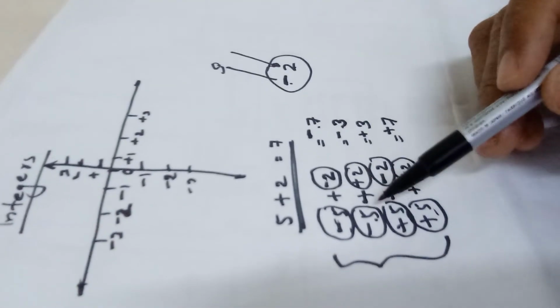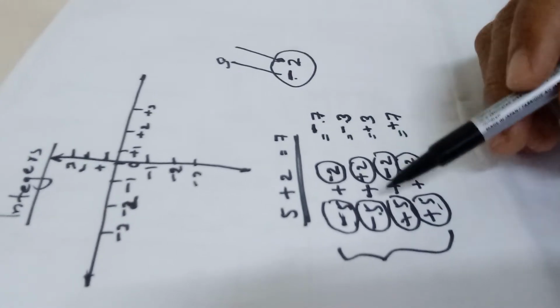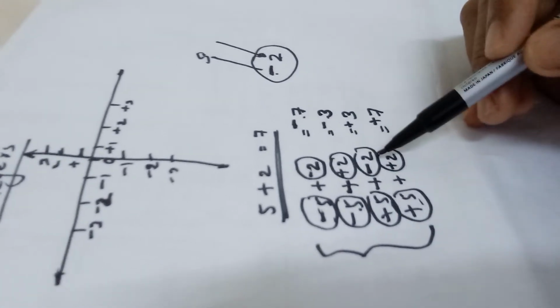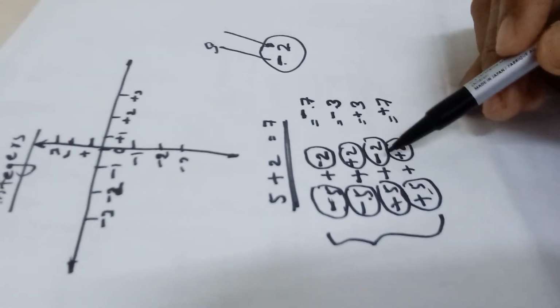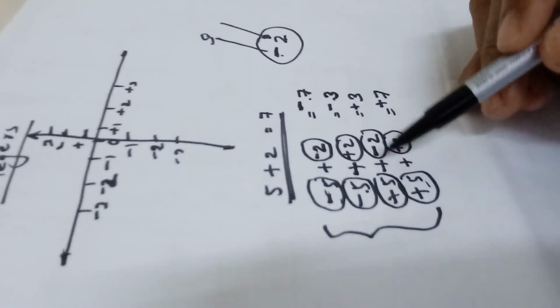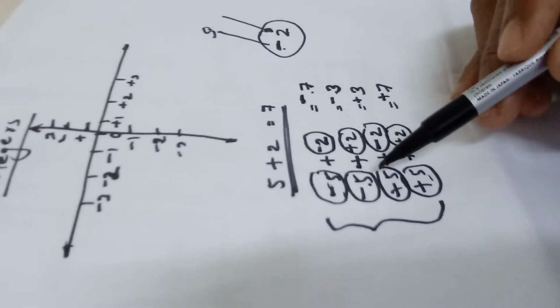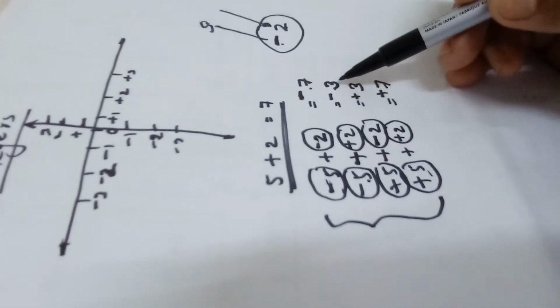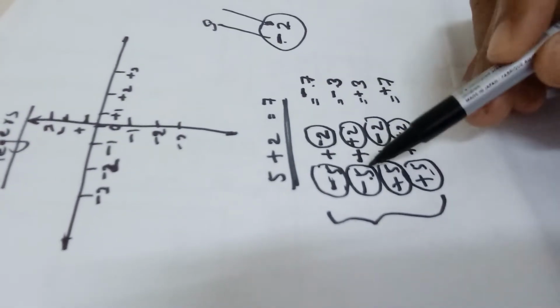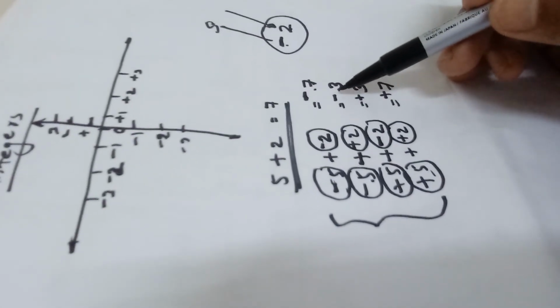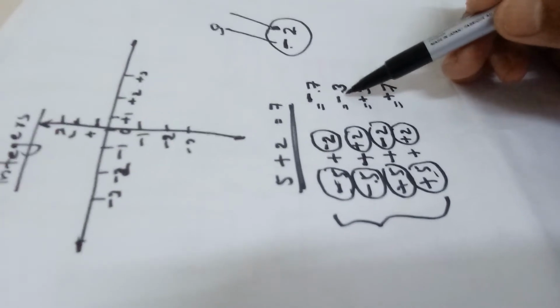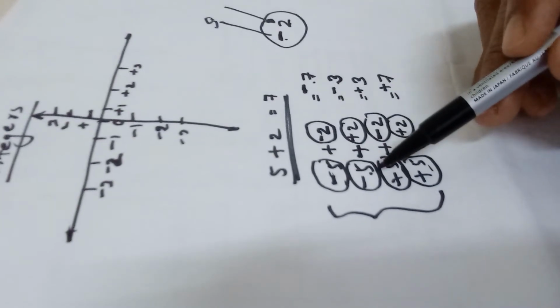If the two numbers have different signs, the answer is obtained by subtracting the numerical values, 5 minus 2 is 3, and the sign is the sign of the bigger numerical value.